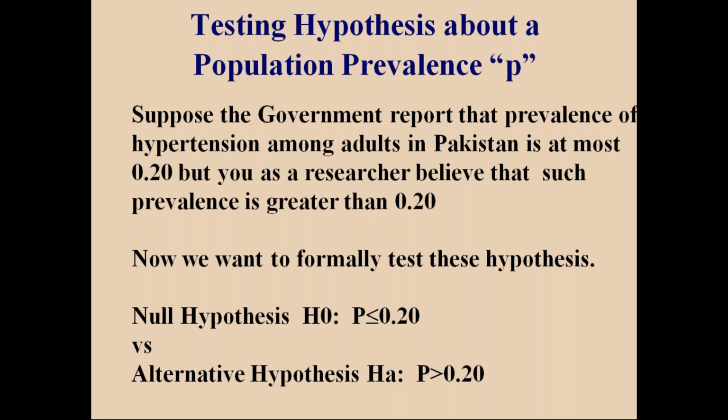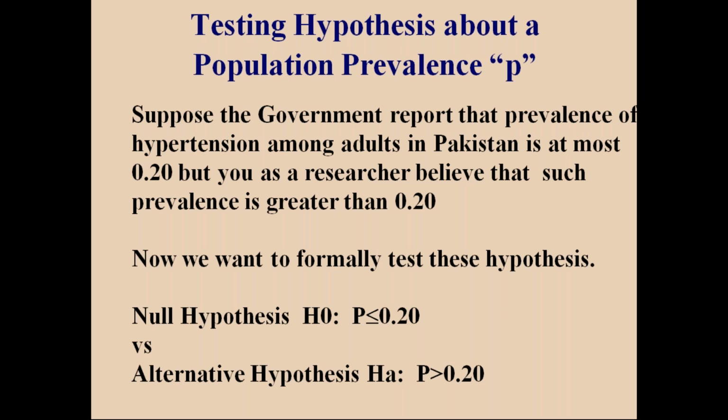Suppose the government reports the prevalence of hypertension, BP patients among adults in Pakistan, is at most 0.20, but a researcher believes that such prevalence is greater than 0.20.